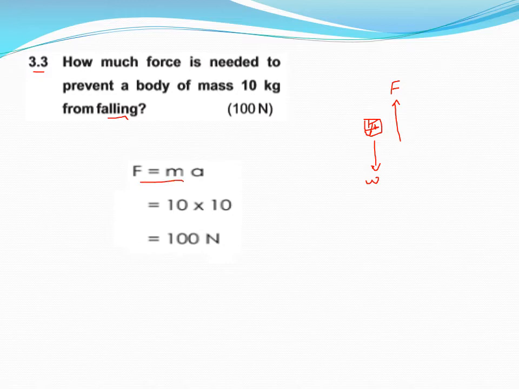So F is equal to ma is there, and we have noticed that the mass is 10 kilogram, and the body is having constant acceleration due to gravity. So m is 10 kilogram and a is the acceleration due to gravity, 10. So finally we get 100 Newton. So this 100 Newton is the force that should be provided to this body to prevent it from falling downward.